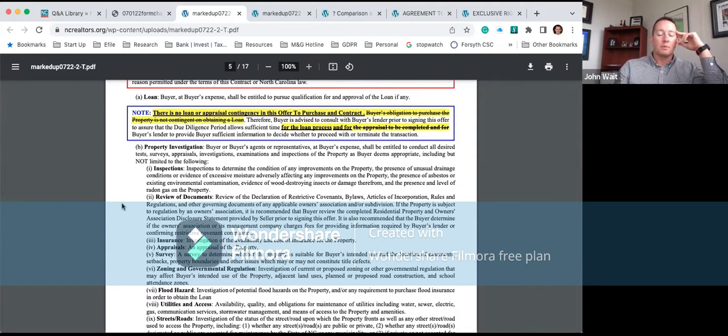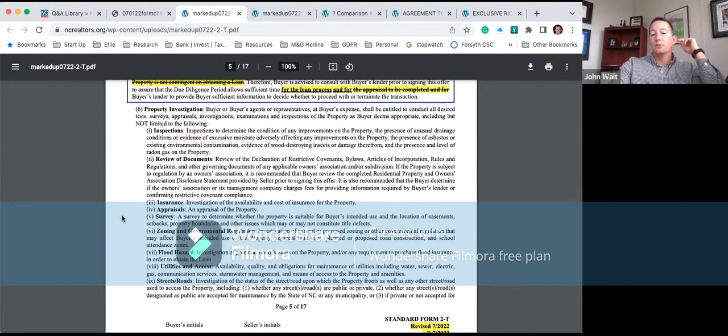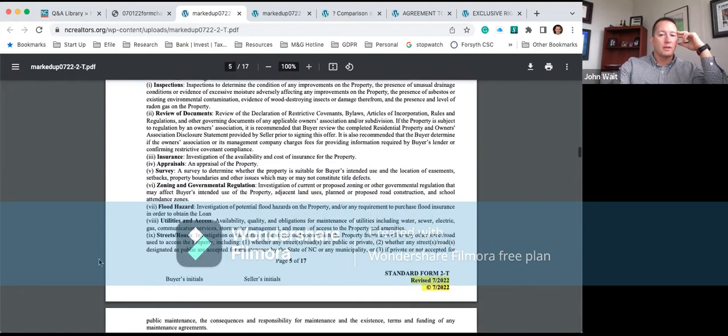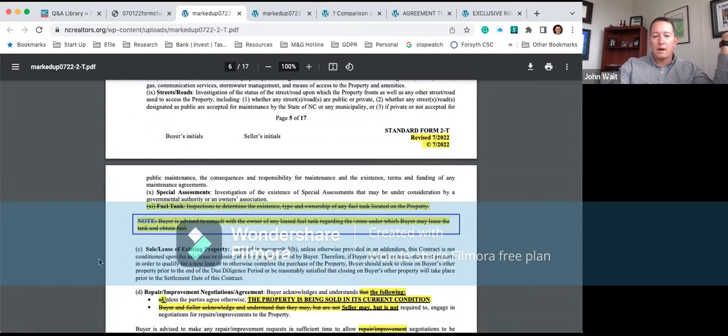So in any event, I wanted to bring that up, but there's no contingencies in this contract, including the buyer's ability to get a loan. The buyer's duty under the contract is to buy the property. Seller's duty is to sell, and it's not contingent on where the buyer gets those funds.